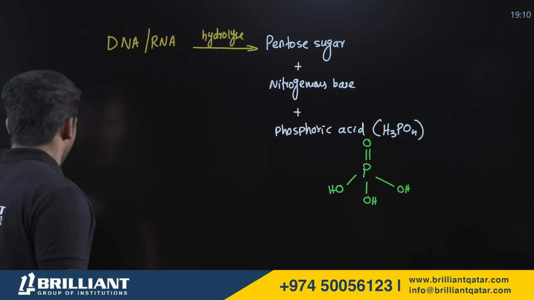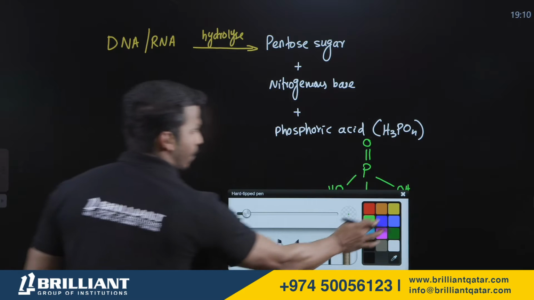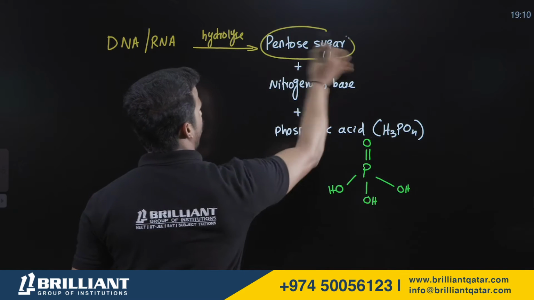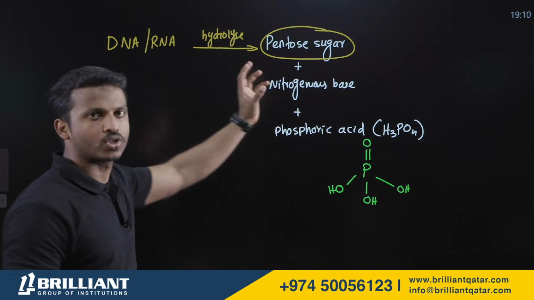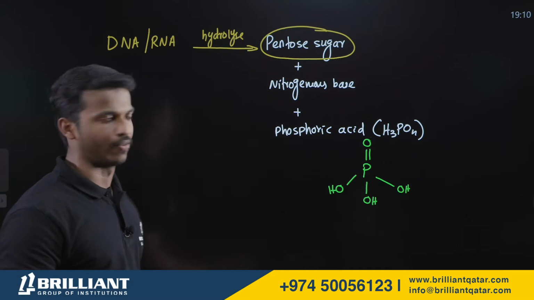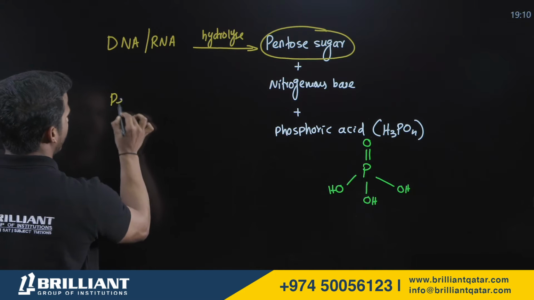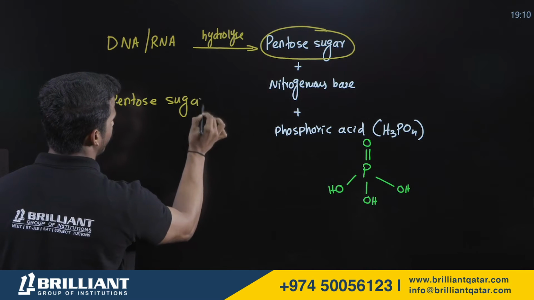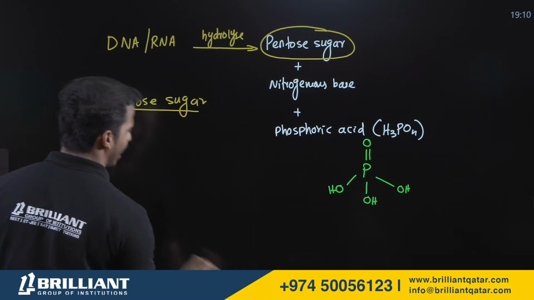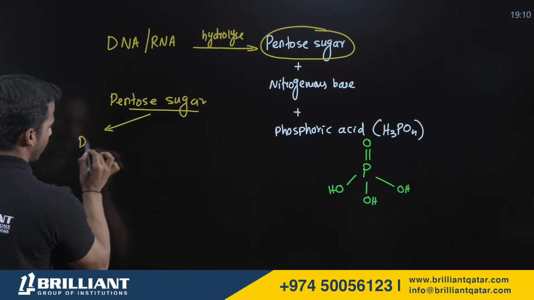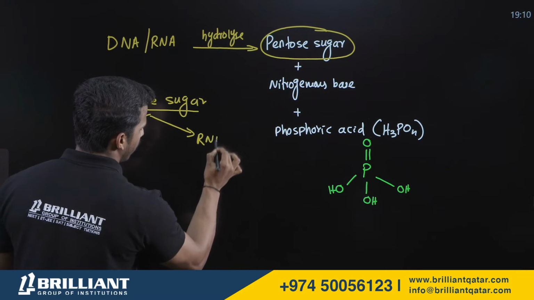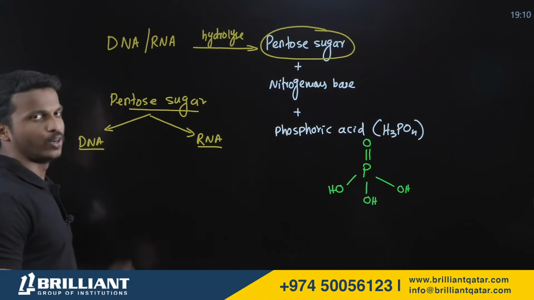Alright. What is the pentose sugar part in DNA and RNA? Dear students, the pentose sugar is present in both DNA and RNA, but the structures and components are different. Let us study what the pentose sugar is. What is the name of the pentose sugar?